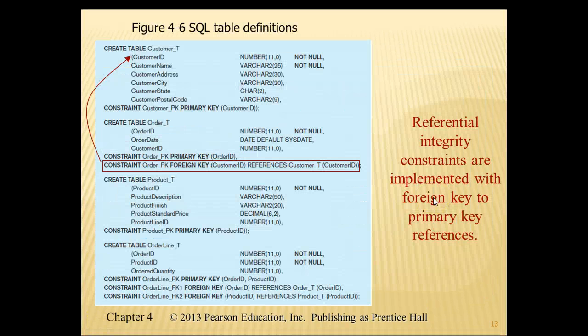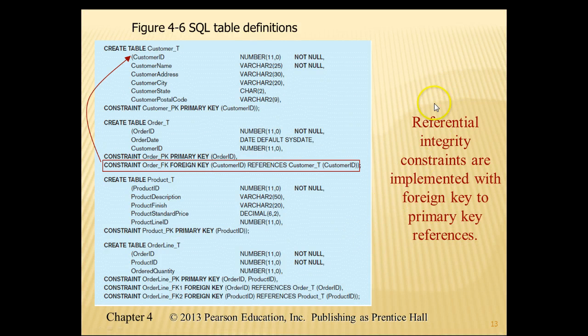So this is the code that I sent you guys a couple of days ago, or the text version of that. And notice the referential integrity constraints between the order table, or order underscore T table, and the customer underscore T table.